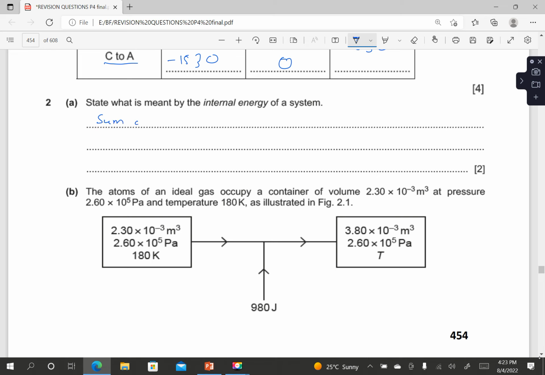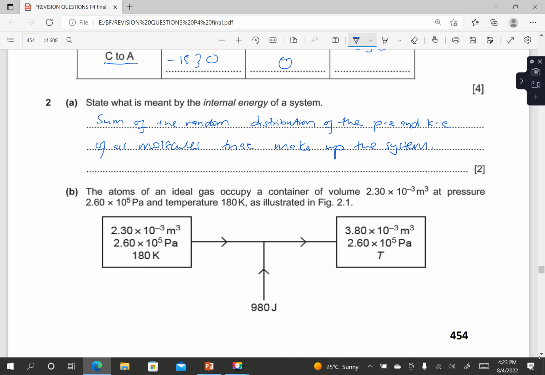The sum of the random distribution of the potential energy and kinetic energy of all molecules or particles or atoms that make up the system. Okay, so that is internal energy.